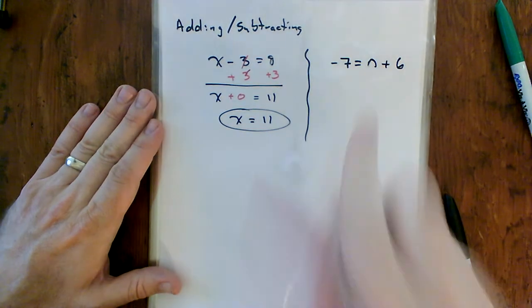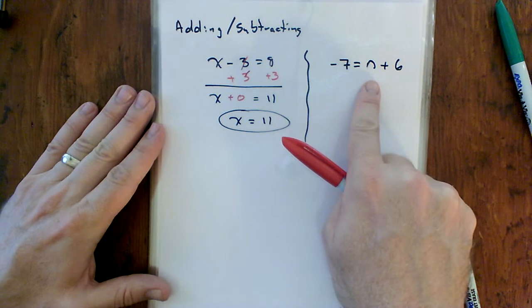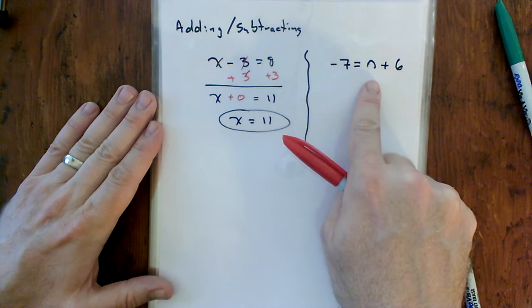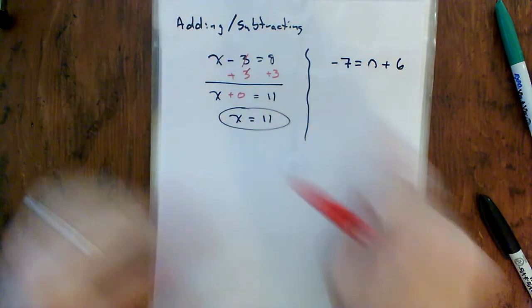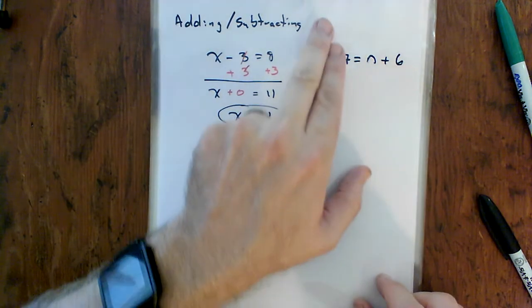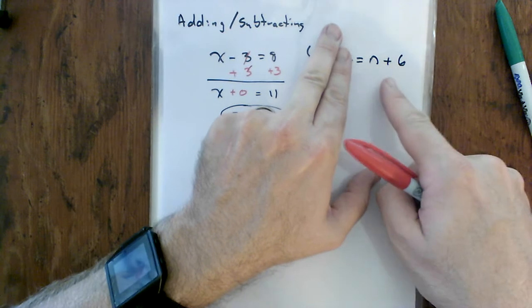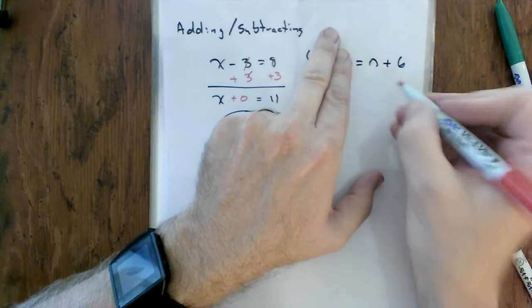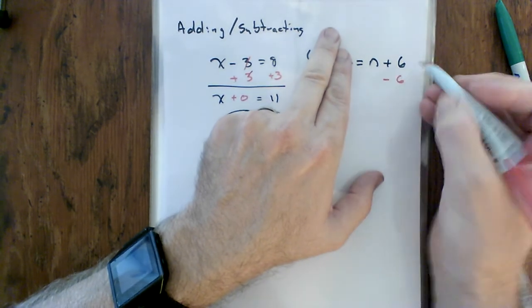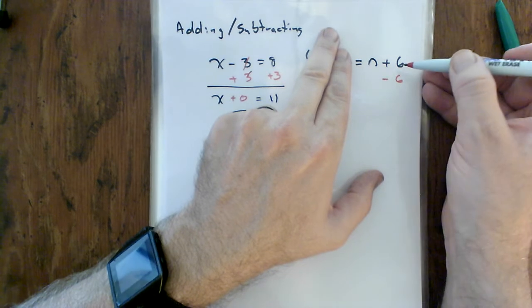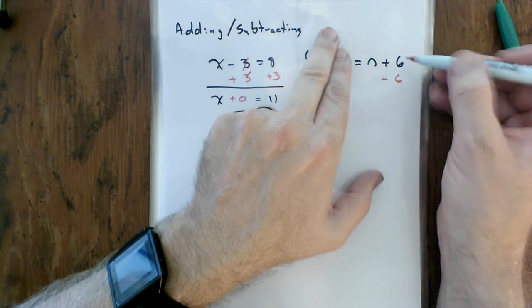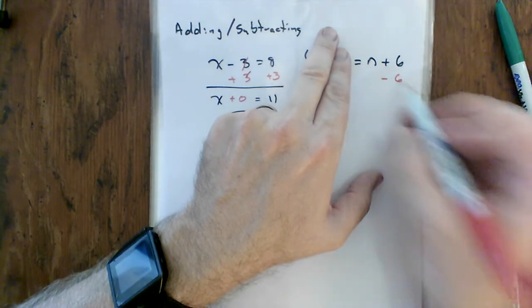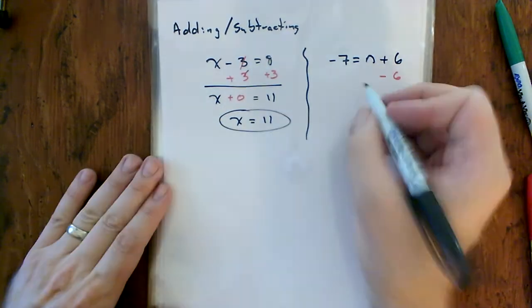Well, here, my variable is over here on the right side of my equation, and to isolate it, I'm basically just going to ignore what's over here. I have to say, well, what do I need to do to make this just a variable? So I would need to subtract 6. This would give me n plus a -6, which would just give me n plus 0, or just n.